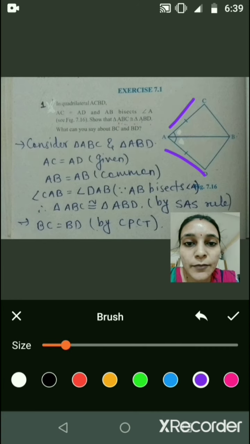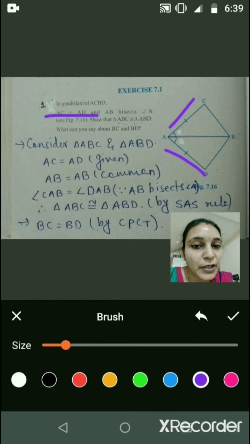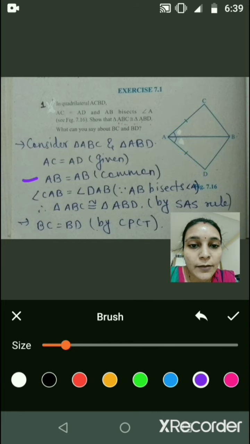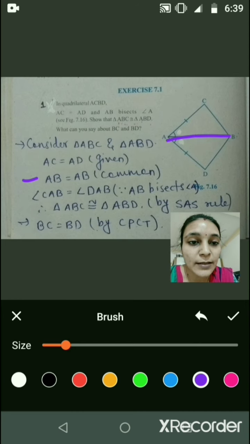We can, because it is already given. Next, can I write AB is equal to AB? Of course, because AB is the common side in both the triangles, so obviously it will be equal.